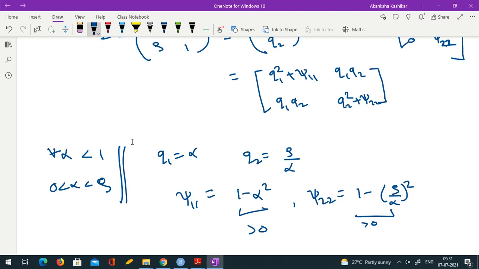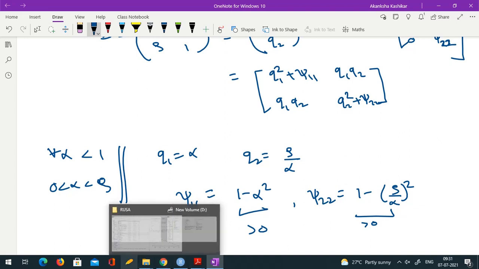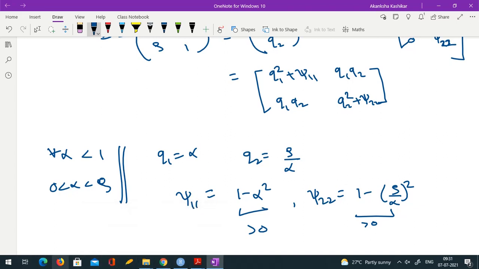But technically even for alpha greater than rho, this is still a solution. It's not a solution that you would like to have because you want specific variances to be variances and hence positive, but yes, it is still technically a solution. And as we change alpha we get many solutions, so we have infinitely many solutions.